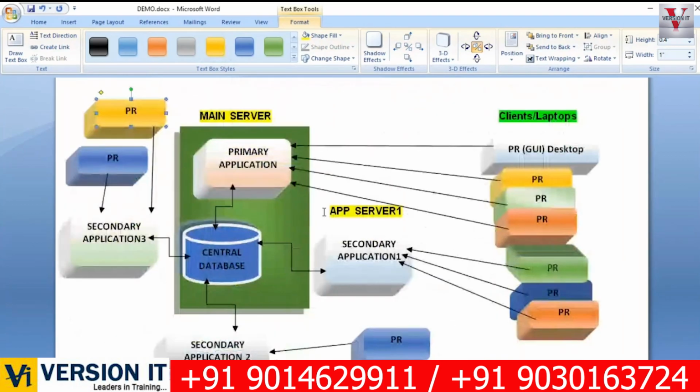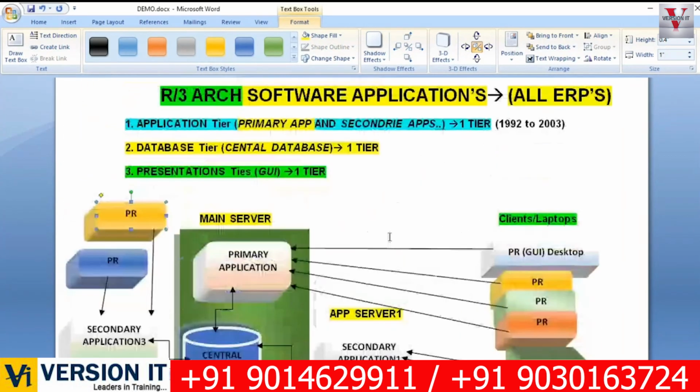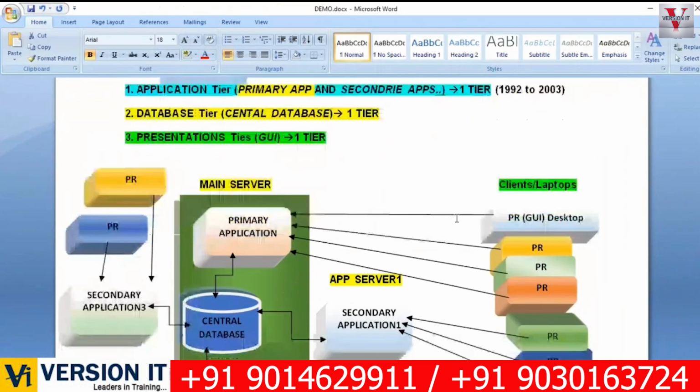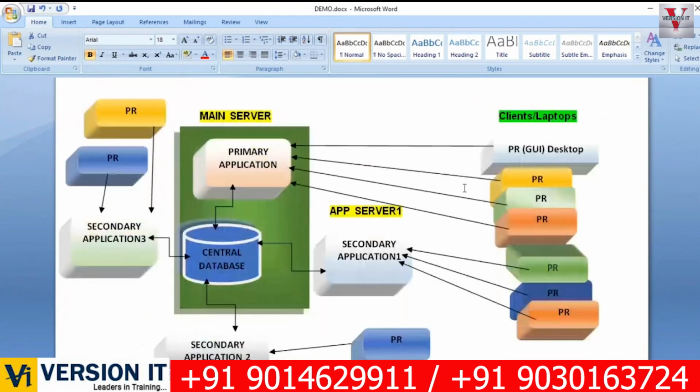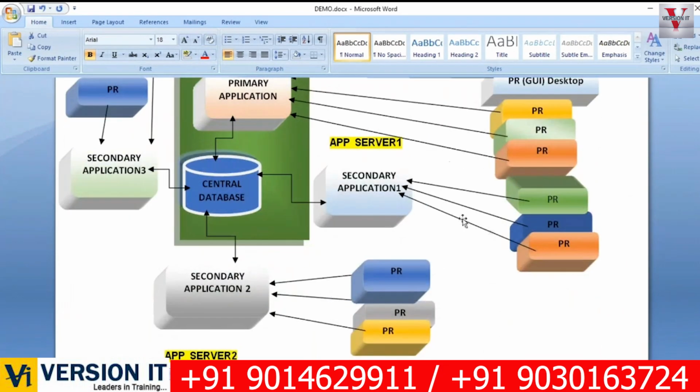And after SAP designed this architecture, every ERP in the world started designing their software on what architecture? R3 architecture.